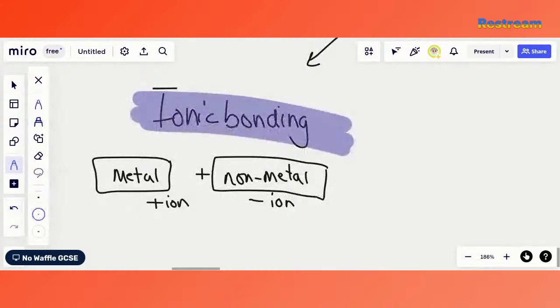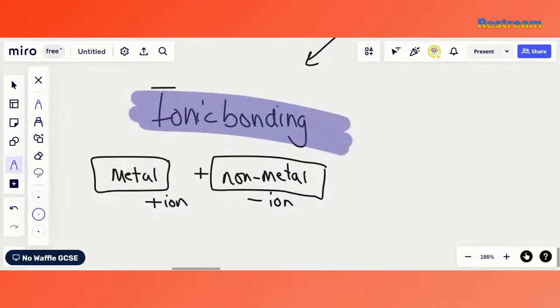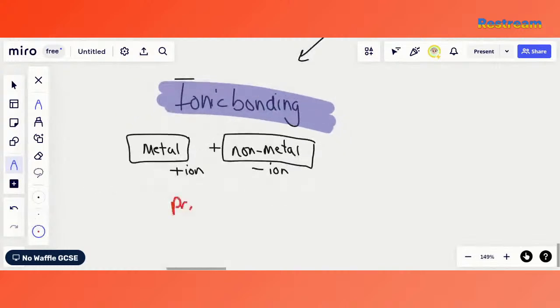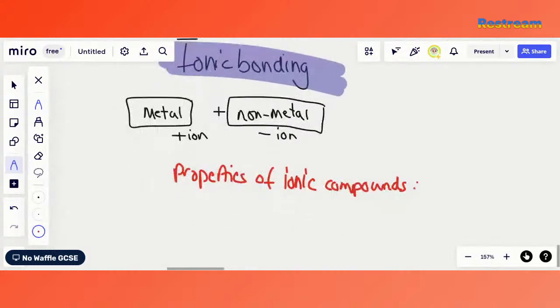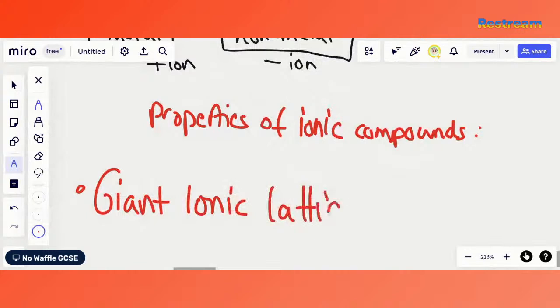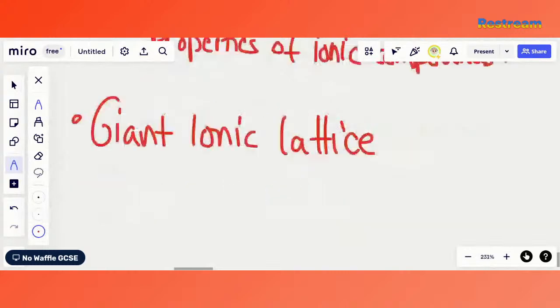Now, this is quite simple, and in terms of properties of ionic compounds, because these are quite important, what happens is it forms a giant ionic lattice. Thank you, Olivia, for the confirmation.